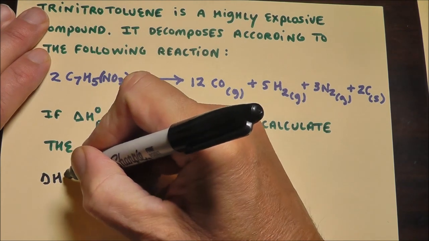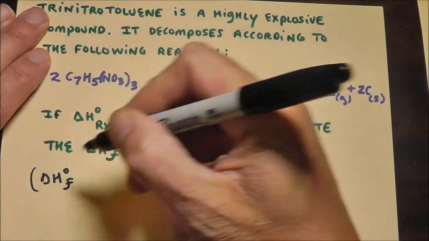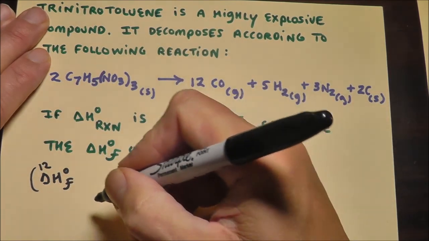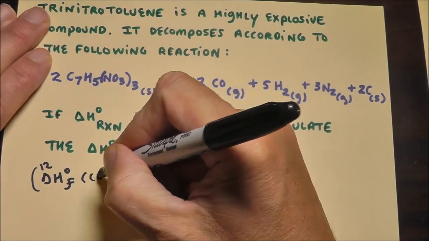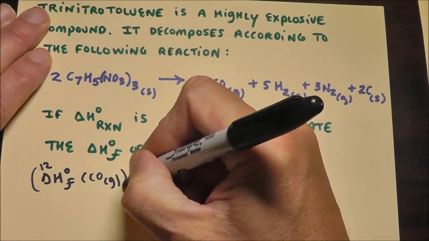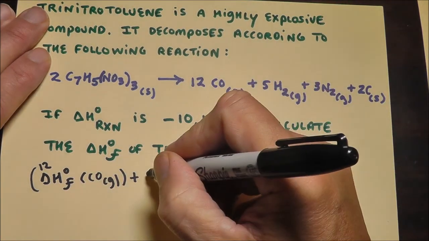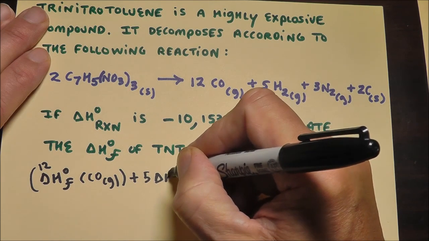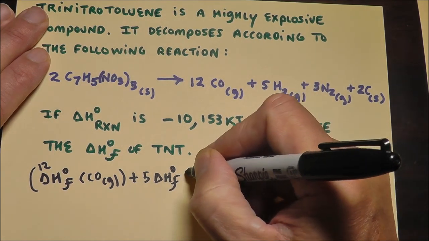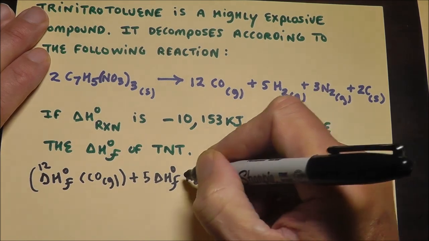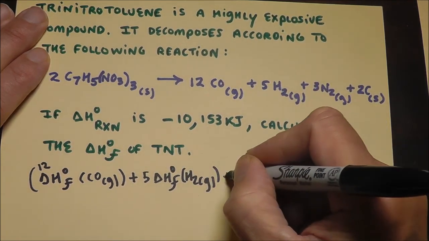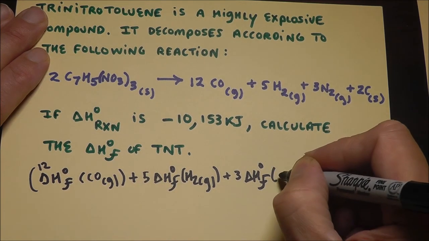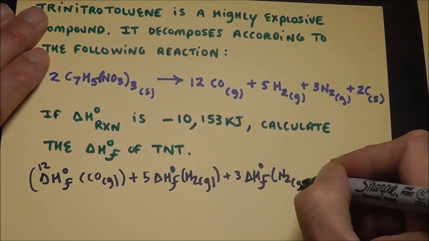So this would be delta HF, 12 times the delta HF of CO gas plus 5 times the delta HF of H2 gas plus 3 times the delta HF of N2 gas.